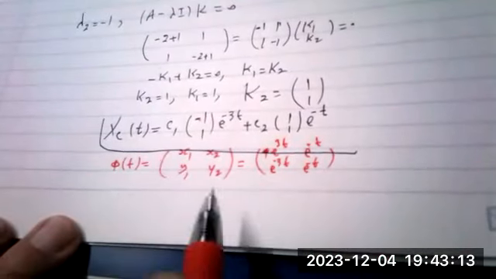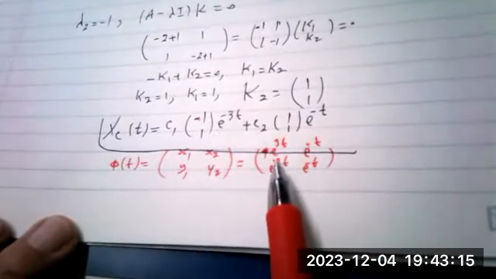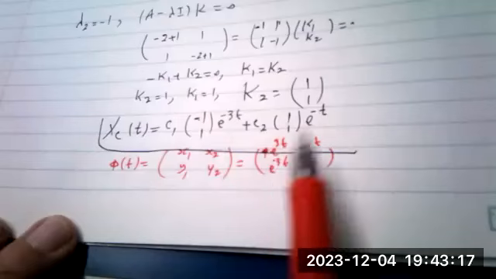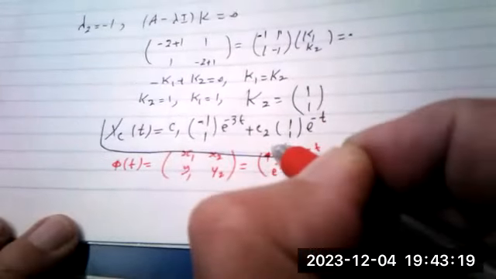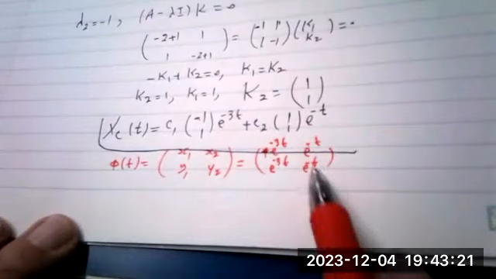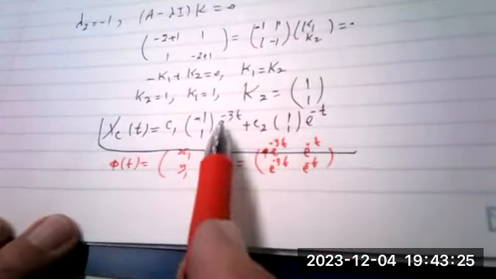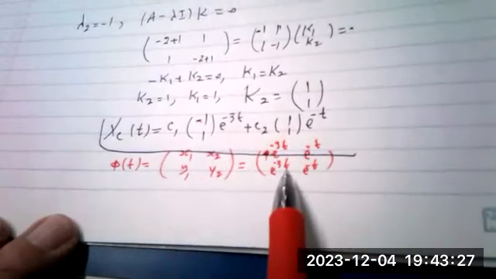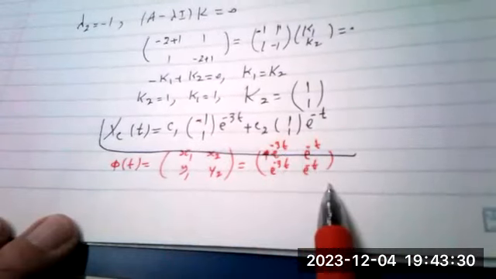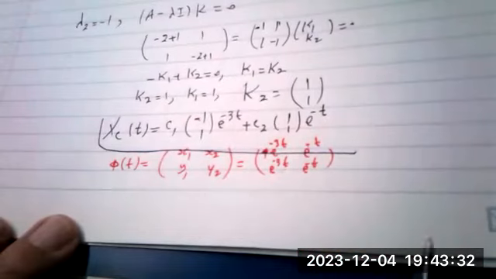So I repeat it again. I picked the first one, which is negative e to the -3t. The second one, e to the -t. And then for the second component, it's e to the -3t and e to the -t. So that's going to be phi of t.